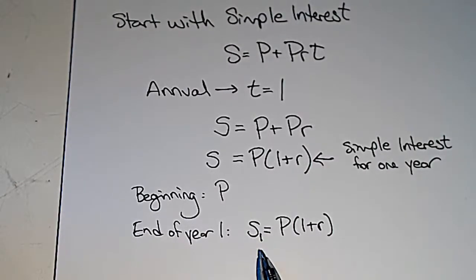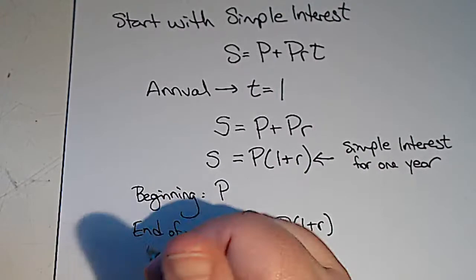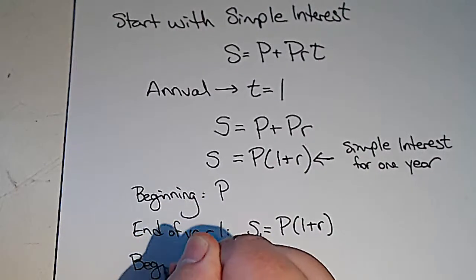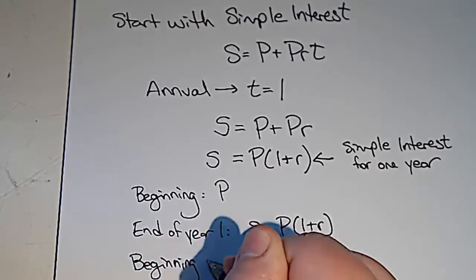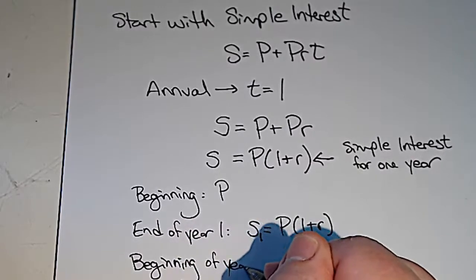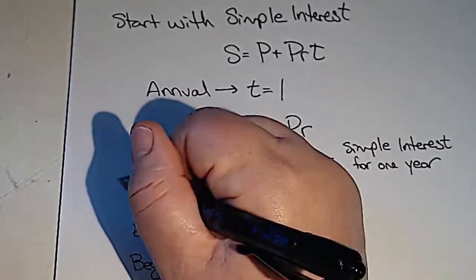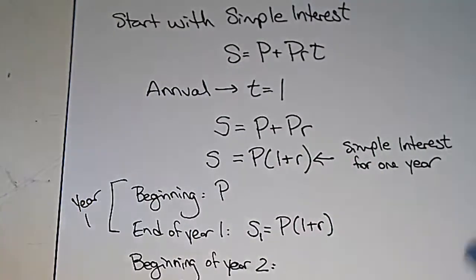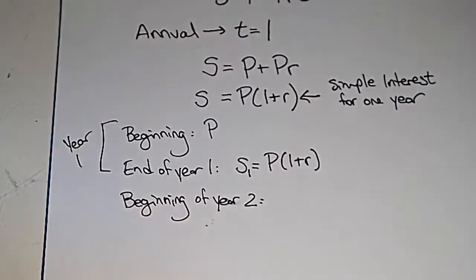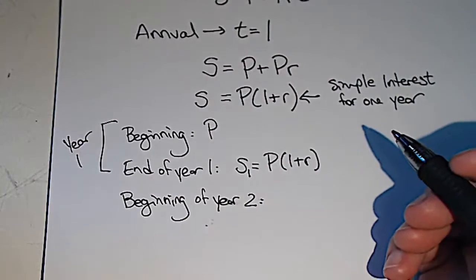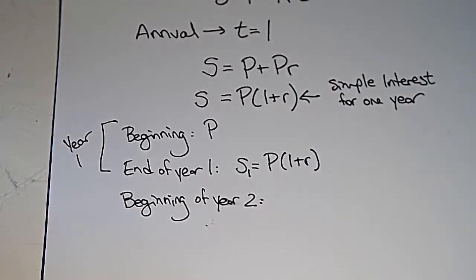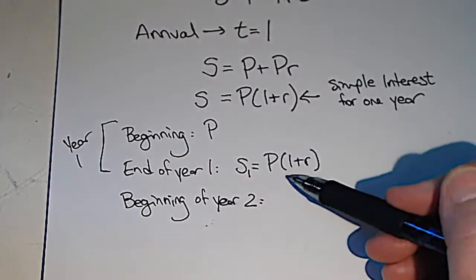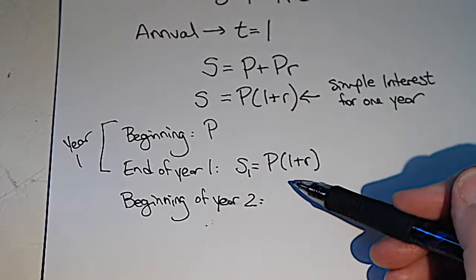So I'm going to say S sub 1 is the end of year 1. So the beginning of year 2. So this is year 1. Beginning of year 2. So this is all compound interest. So I figured out the interest from the first year.